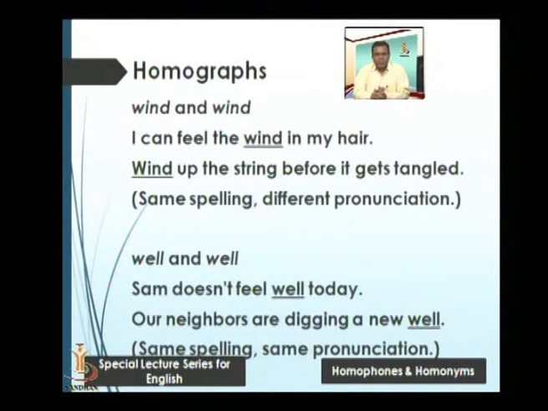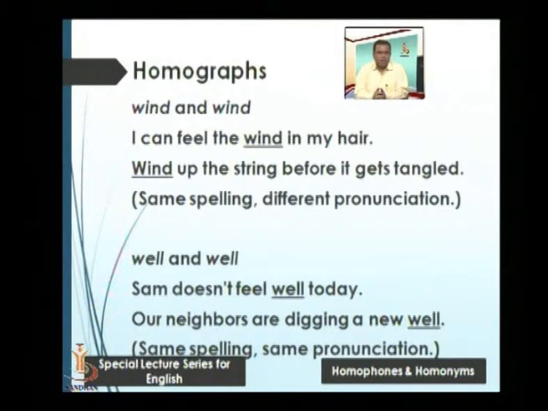Well, W-E-L-L. It is also a homograph, this word. Let us see what are the 2 different contexts in which it is used. Sam doesn't feel well today. When somebody is not physically in a good condition, then we use this expression. That Sandeep doesn't feel well today. Means physically he is not feeling good.